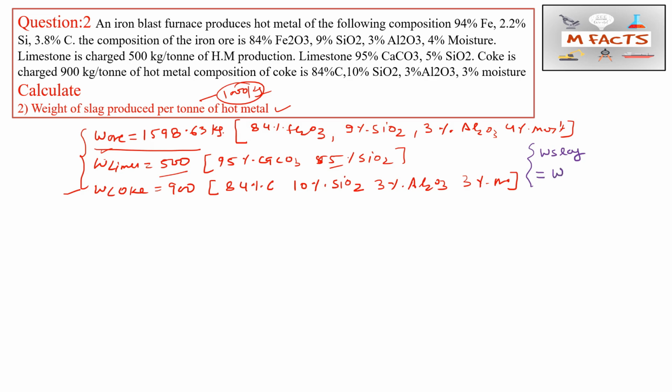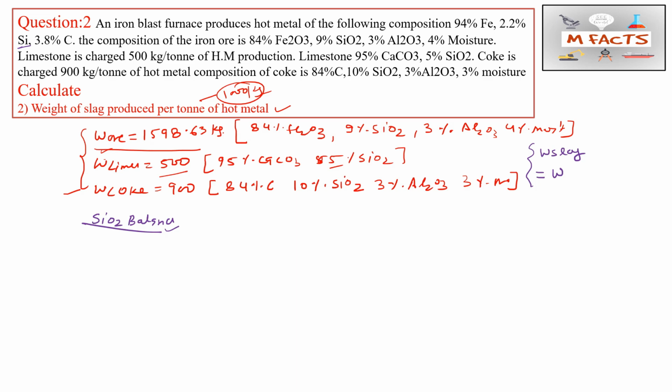First of all, we will see how to find the weight of slag. For this, the Si value in the hot metal is also given. So we will balance silicon first. We will do the SiO2 balance.